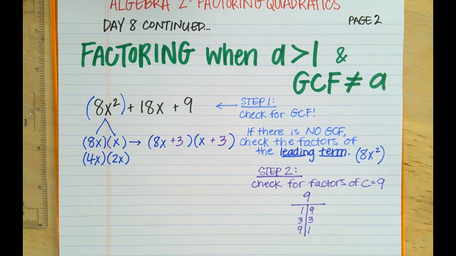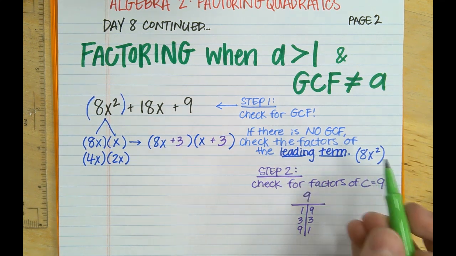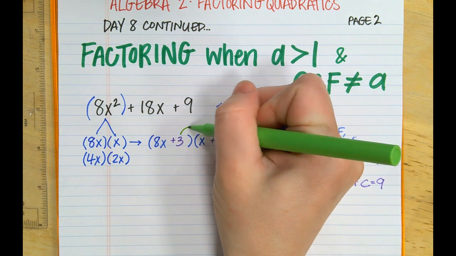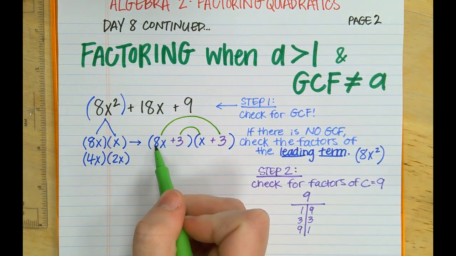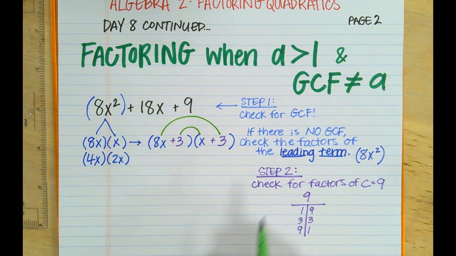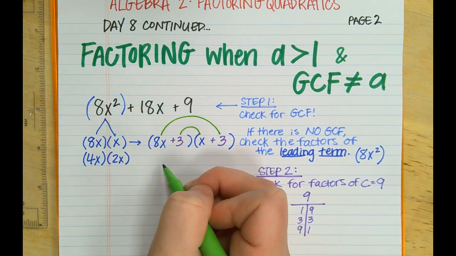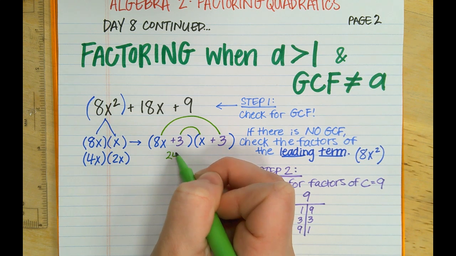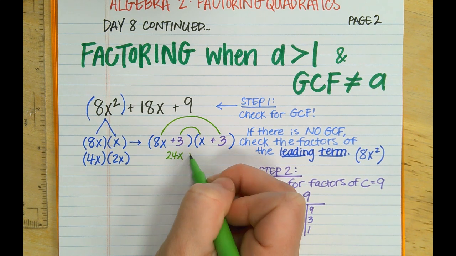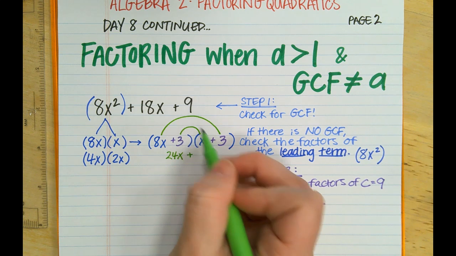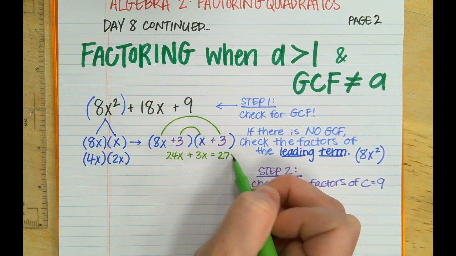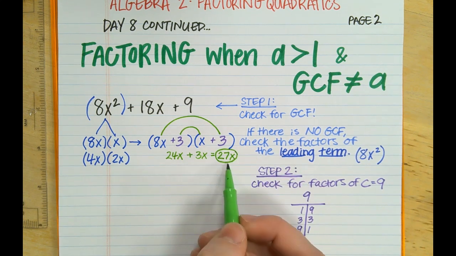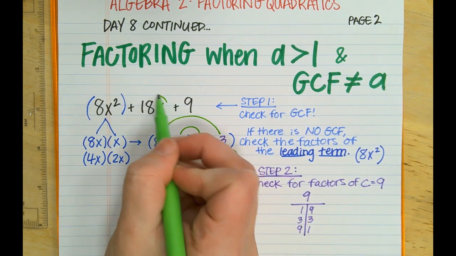I'm going to use green. So, 8x times 3 is 24x, I already know it's too big, plus 3x equals 27x. 27x is not the same thing as 18x.